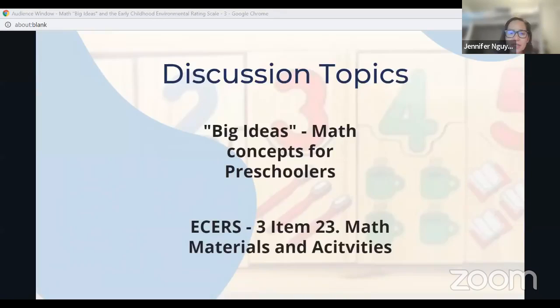The discussion topics today are big ideas, math concepts for preschoolers. What that means is what we can be and should be teaching in regards to math concepts for children ages 3, 4, 5, and 6. And then we're also going to touch on ECERS 3. There are new math items in the ECERS 3, and the item that we're going to discuss today is item 23, math materials and activities.